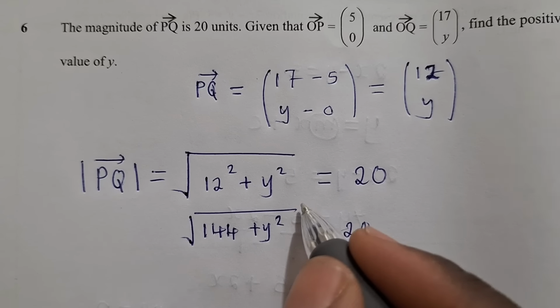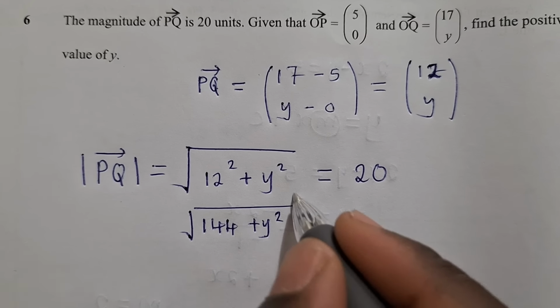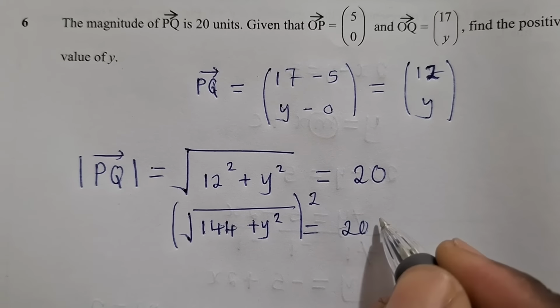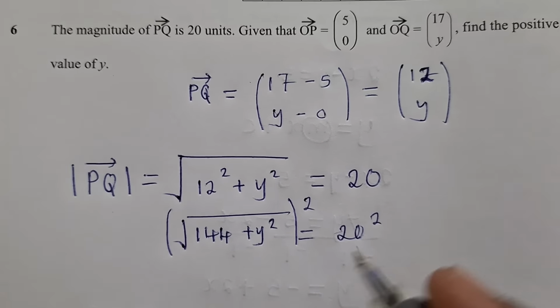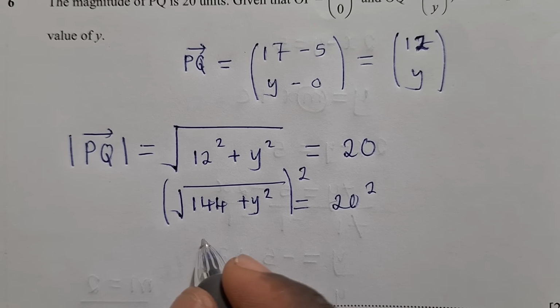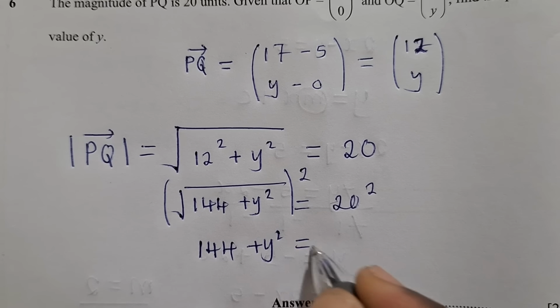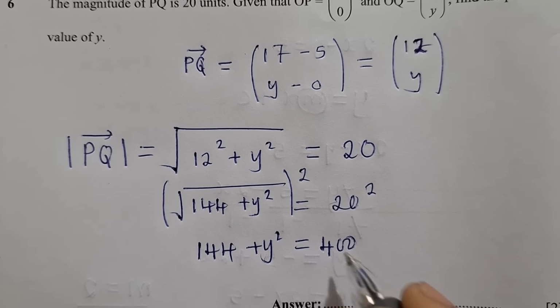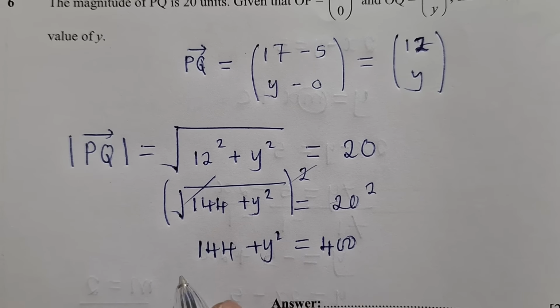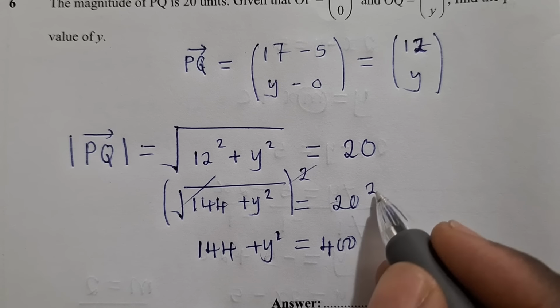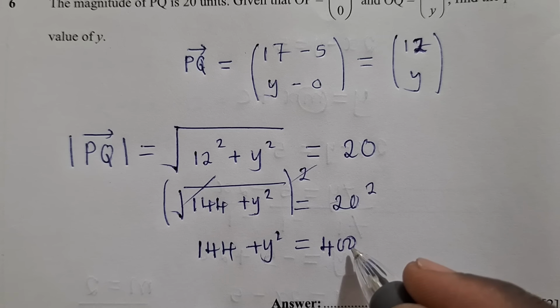Okay, so to get rid of this square root, we're going to apply a power 2 here and a power 2 right here. This, of course, is giving us 144 plus y squared is equal to 400. So this root and the power 2 will go, we shall remain with 144 plus y squared. 20 squared, it's 400.